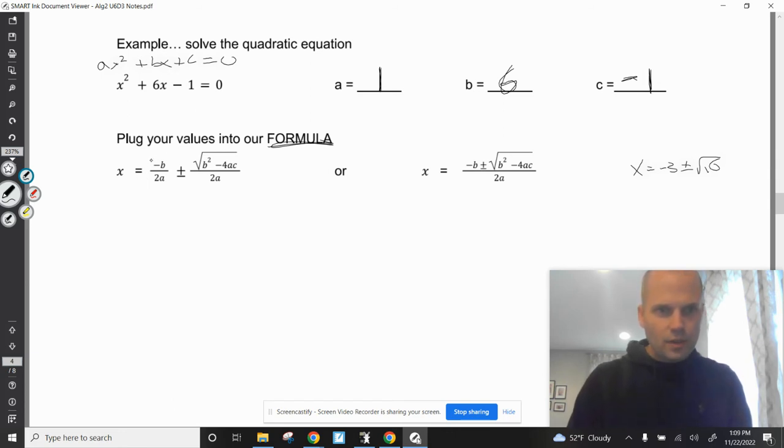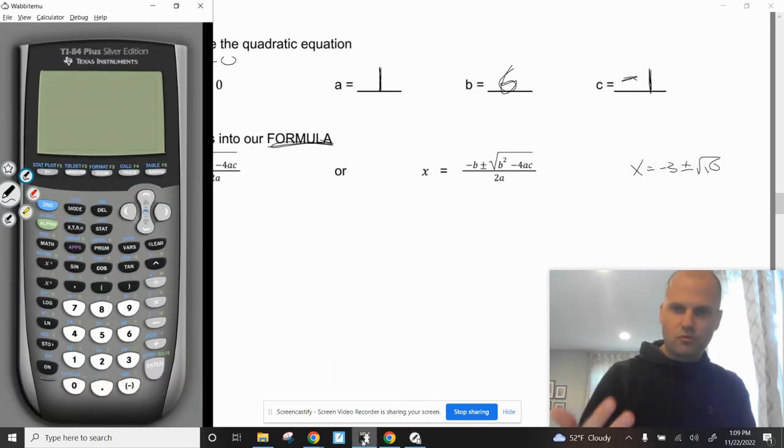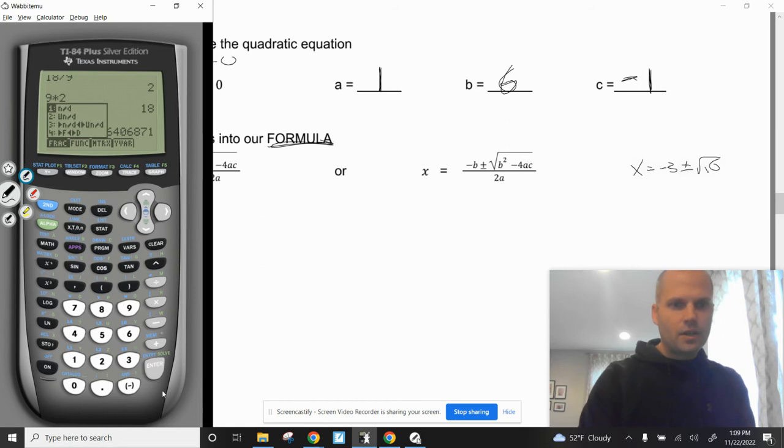Let's start with the opposite of b over 2a. And I'm going to use this side, and I'll switch over to that side in the future. So in my calculator, I'm going to do this all at once because I feel like when students sometimes write things out, they make mistakes. I'm going to use my fraction button, and I'm going to say the opposite of b over 2 times a.